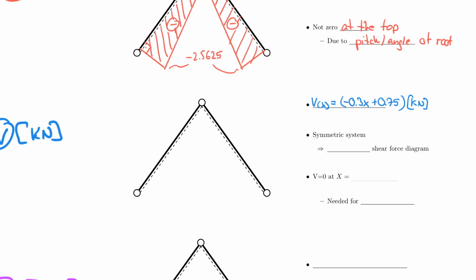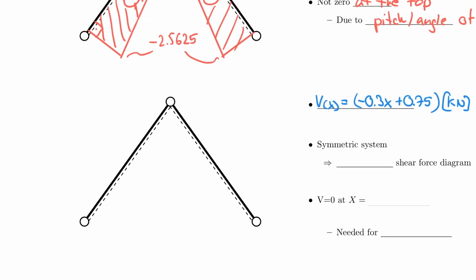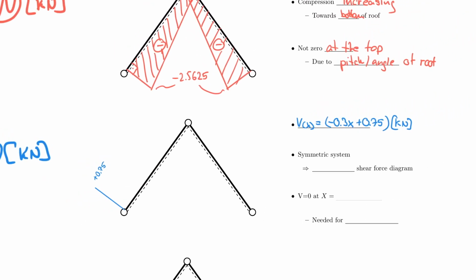Remember that I started on the bottom left, so I'm going to use that equation, and if I plug in 0, then I end up with positive 0.75. Positive means opposite to the dashed fiber. So I'm going to call this here plus 0.75. And now, if this is the first time I do this and I'm in doubt, I need to ask myself what's happening.